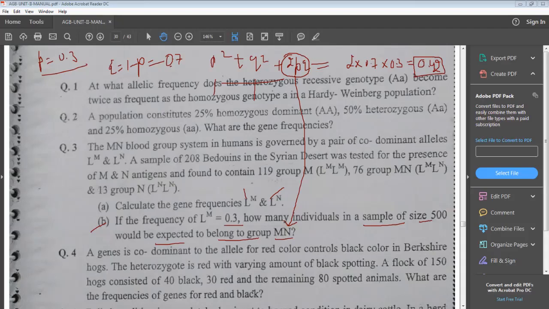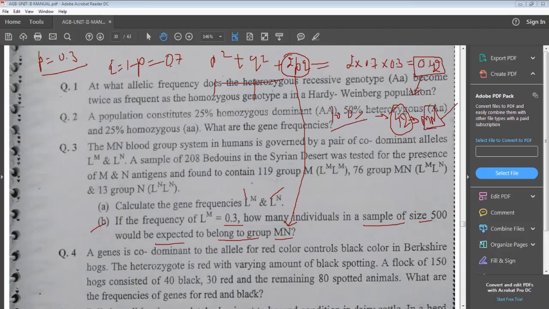So the 2pq value is 0.42. Or you can say that from 100% population, 42% are the individuals which are having MN blood group.